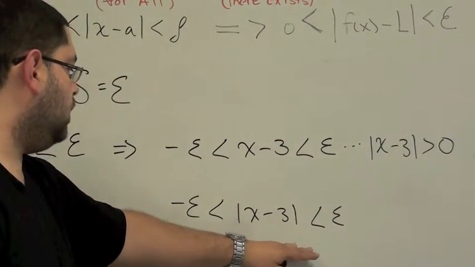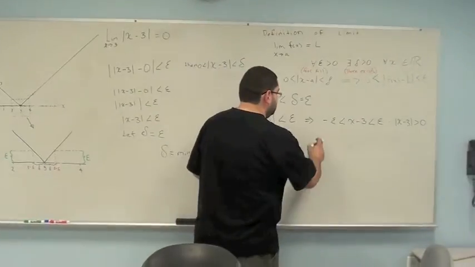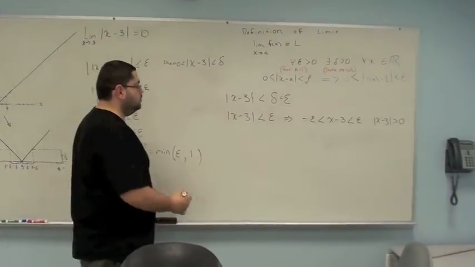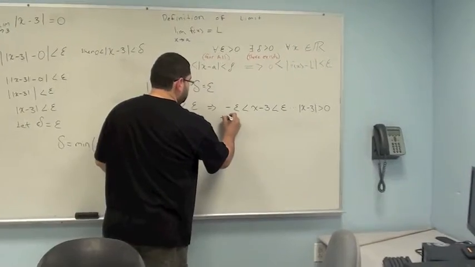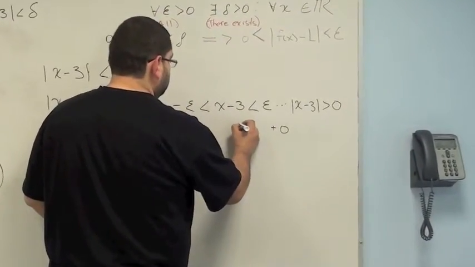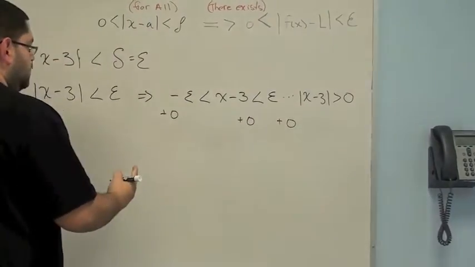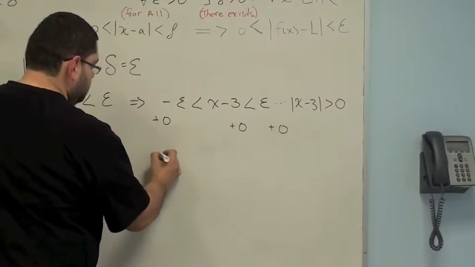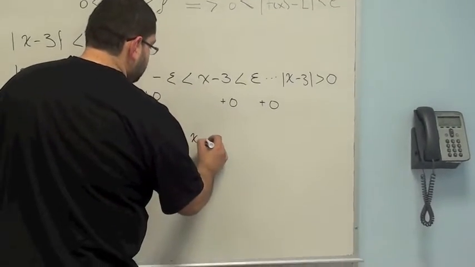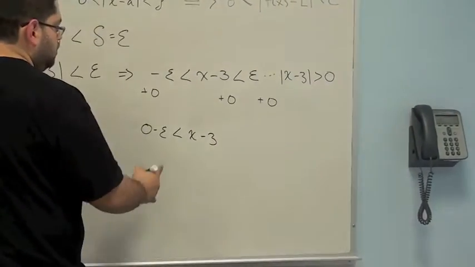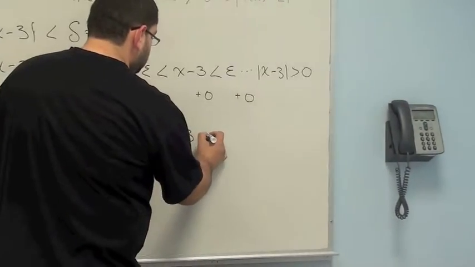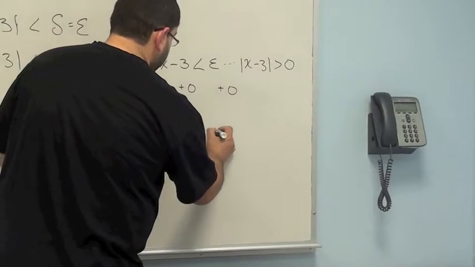So now comparing this with this, I have a 0 there. What I want to do is add that 0 to both sides and the middle. That tells me that 0 minus epsilon is less than x minus 3. This is not changing because I added the 0, but it would change if I had something different than 0.